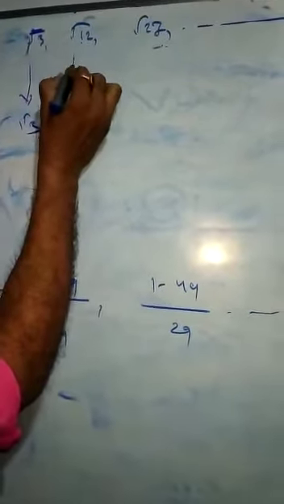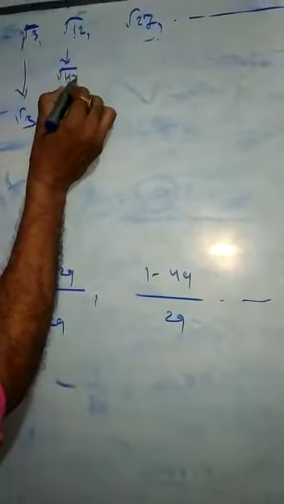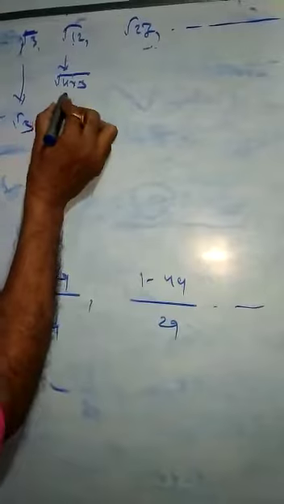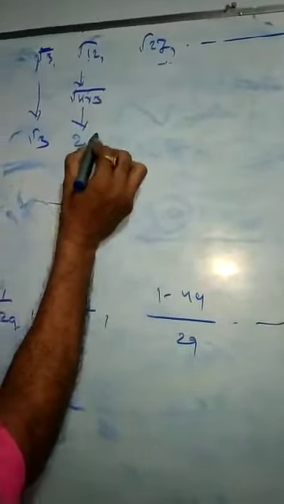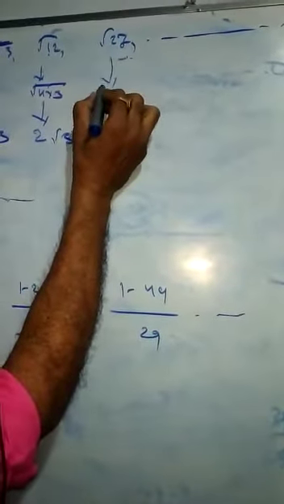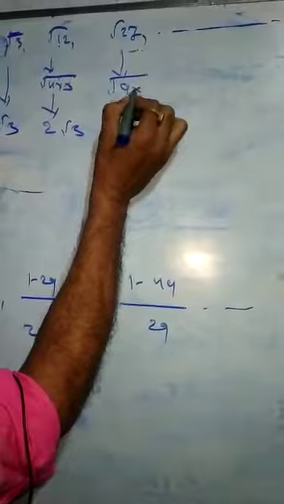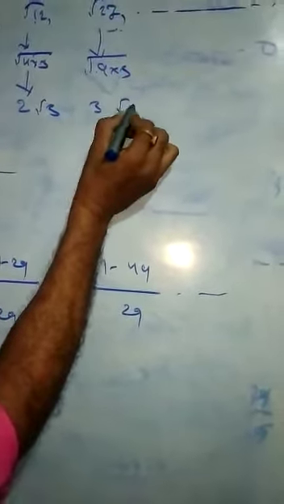The second number is root 12. Root 12 can be written as 4 into 3, and the square root of 4 is 2, so it is 2 root 3. Root 27 is 9 into 3, and the square root of 9 is 3, so it is 3 root 3.